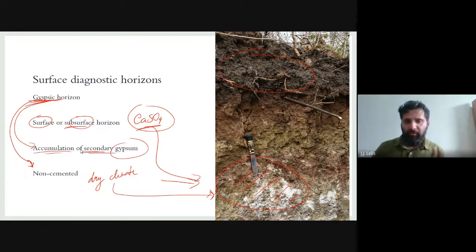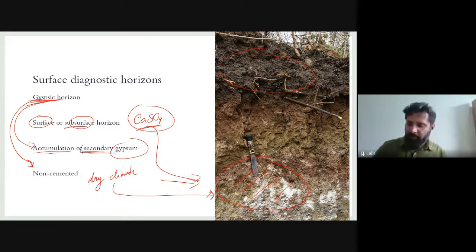Okay, it's not so hard, it's not a cemented horizon. So we can see voids with water and or air inside these horizons, not all filled by salts, okay?